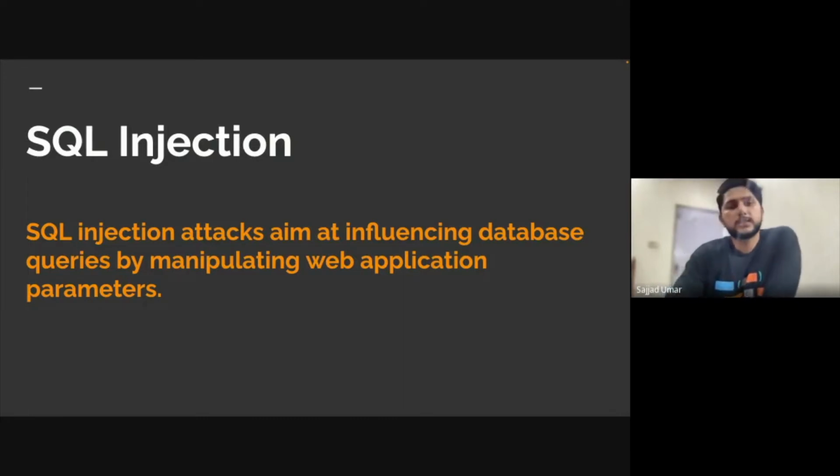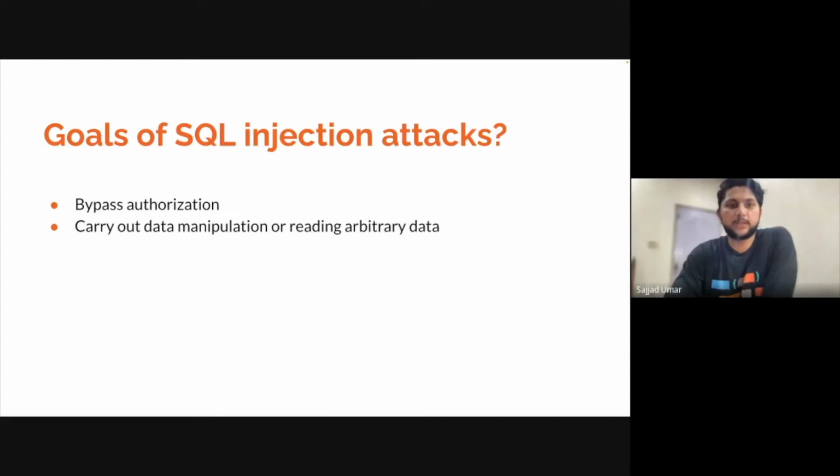So common goals of a simple SQL injection are basically bypassing the authorization and carry out data manipulation or reading arbitrary data. So these are two common goals that are behind an SQL injection attack. Bypassing authorization basically means whenever a user tries to add credentials from login page, an application usually tries to find a record from database.